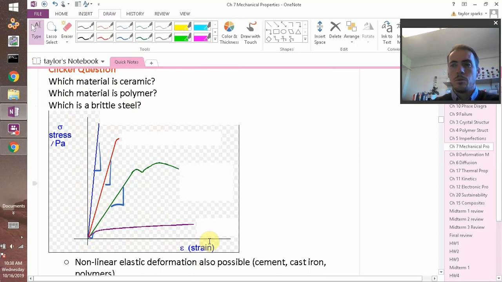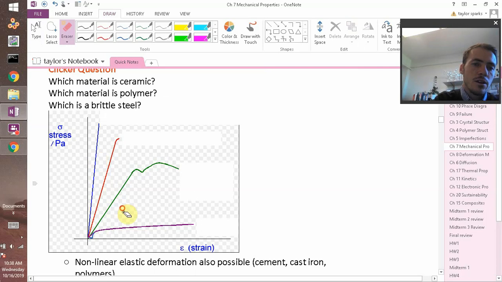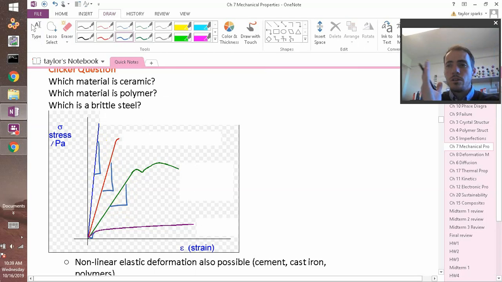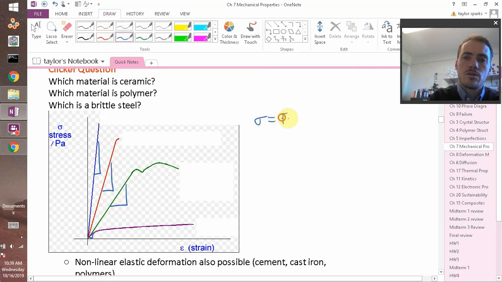This is a super common stress versus strain curve. You've seen them before, and you have these different scenarios. You can take the slope of this line, the slope of that line, the slope of that line. In all of those, they're still linear. It's just what the slope is. That is your Young's modulus, because stress equals strain times your Young's modulus. So it's the slope.